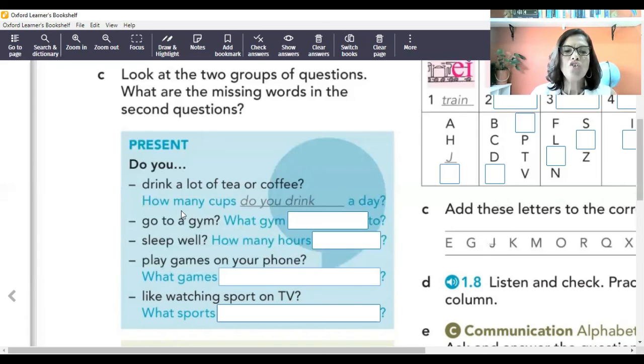Yeah. And you're going to do, look at here. Do you go to a gym? If the person says, yes, I do. Oh, yes, I go to a gym every day, right? So what question are you going to ask? Yeah?